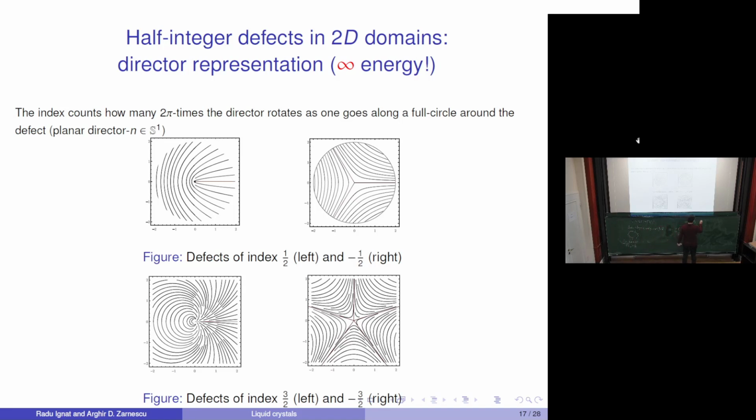And you can also do something from RP1 into RP1. This is really S1 with antipodal points identified, so line fields instead of vector fields. As you go around the circle, you don't have a full rotation, but just part of the rotation.